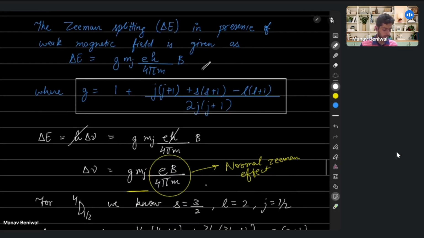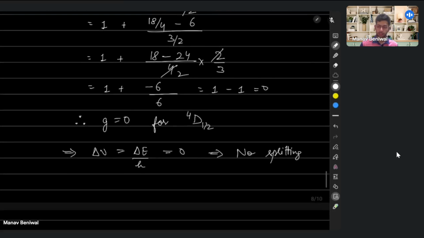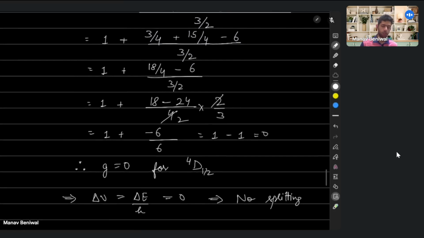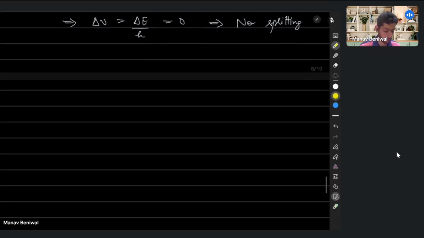Similarly, in this equation, we get delta nu as 0, and therefore we conclude that this spectroscopic term 4D 1 by 2 does not split into any sublevels under the action of a weak magnetic field. Okay. If that is clear, let's move on to problem number 10.